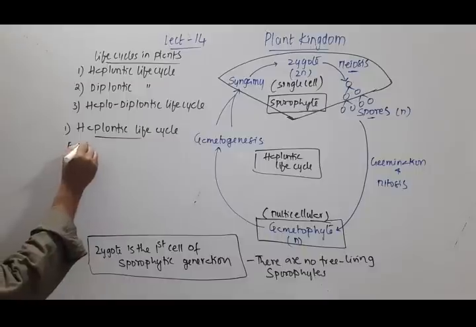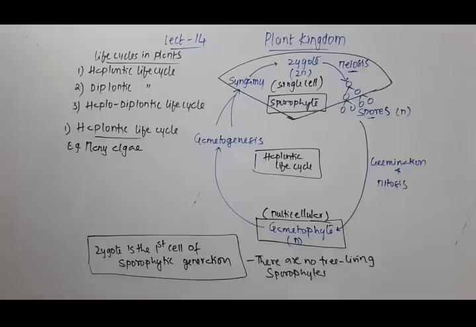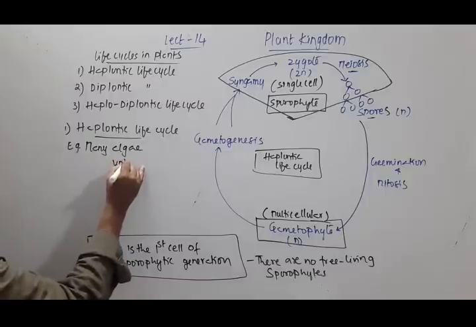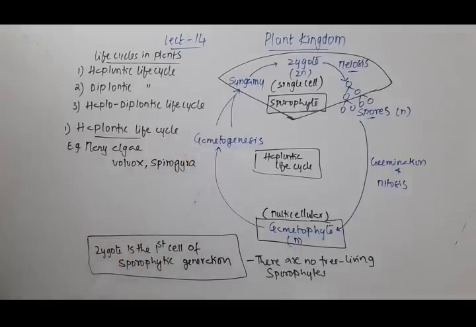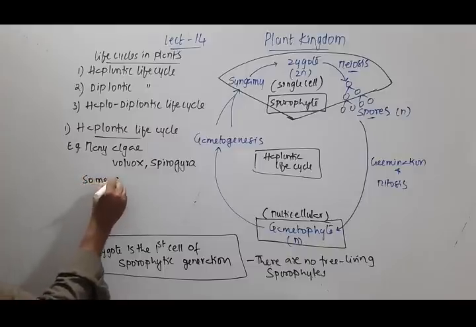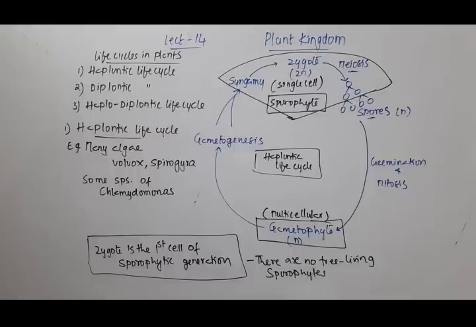For example, many algae like Volvox, Spirogyra, and some species of Chlamydomonas will show this type of life cycle, that is a haplontic life cycle.